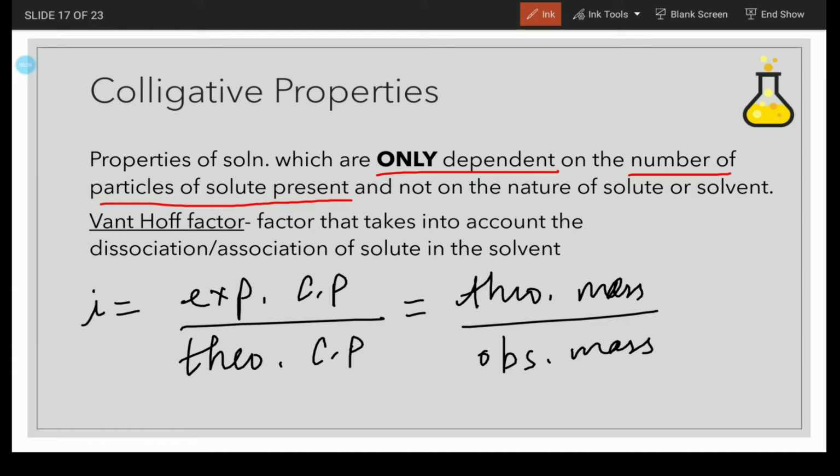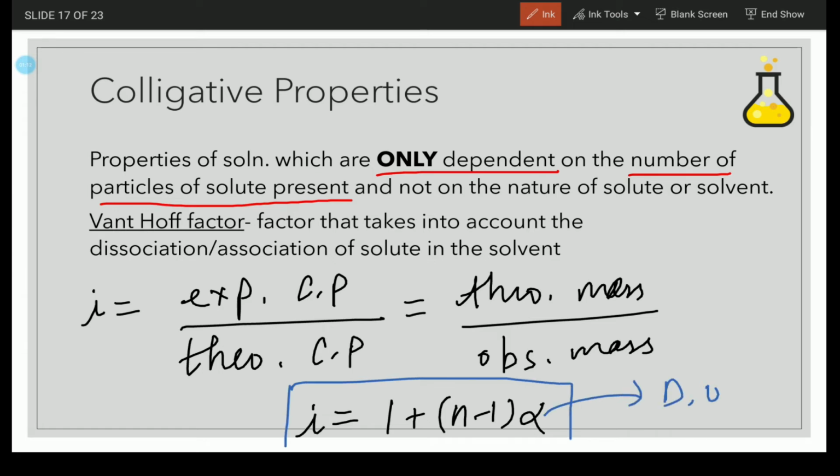But the most used equation of Van 't Hoff factor is i = 1 + (n - 1)α. Here, alpha is the degree of dissociation from the chemical equilibrium chapter, and n is the number of molecules into which the solute particles dissociate or associate.